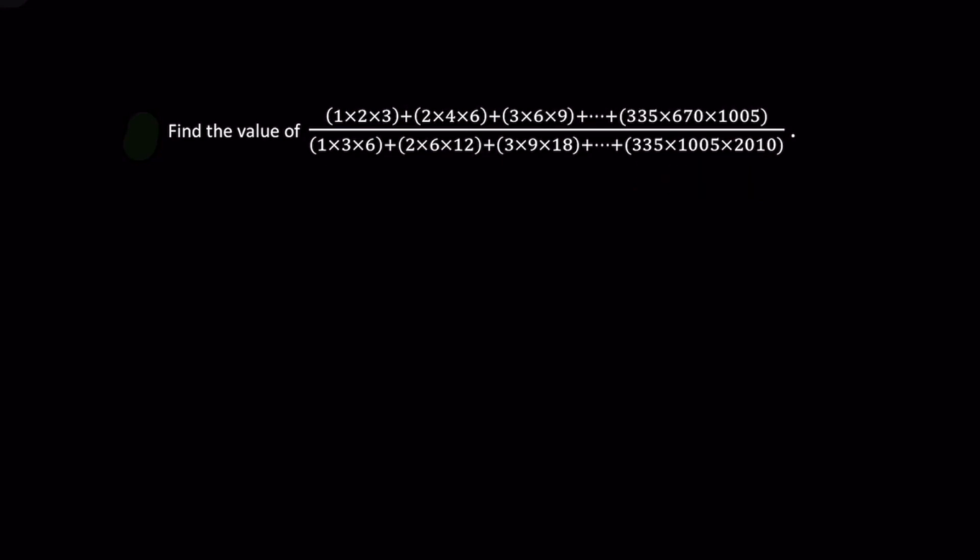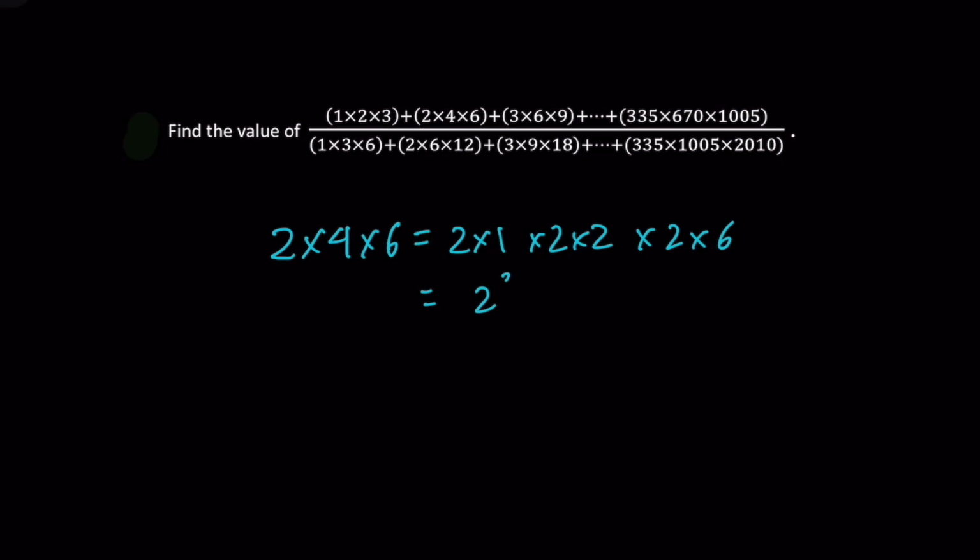Knowing that, let's say this one, I can rewrite this expression 2 times 4 times 6 as 2 times 1 times 2 times 2 times 2 times 3, or 2 power 3 times 1 times 2 times 3.